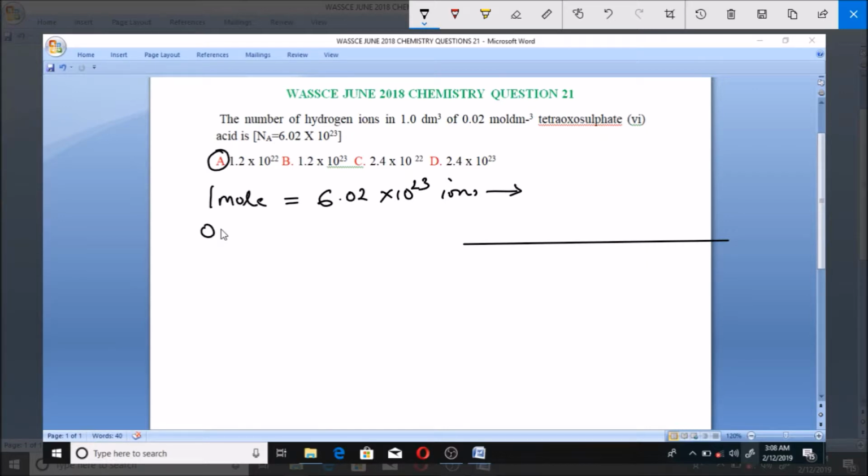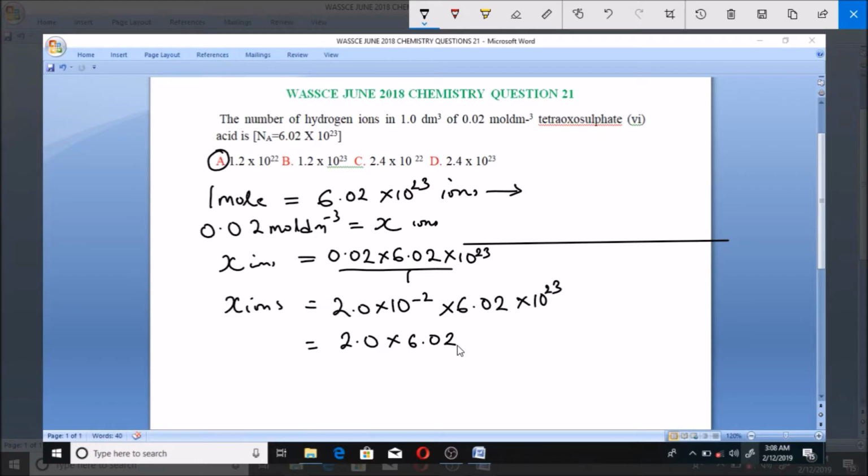So you continue times 6.02, which you already have, times 10 to the power 23. So if you solve this down, you have 2.0 times 6.02 times 10 to the power minus 2 times 10 to the power 23.